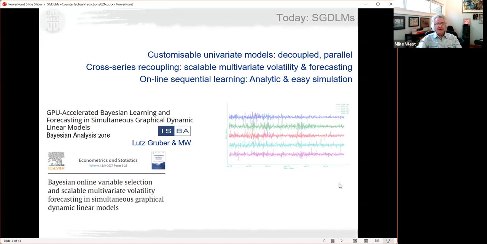We had a couple of papers a decade ago now on these models, and it was really just developing really old ideas in new ways. The focus being multivariate time series, where we want to spend more time thinking hard about each univariate model for each univariate time series, and thinking about them sort of decoupled individually in parallel.